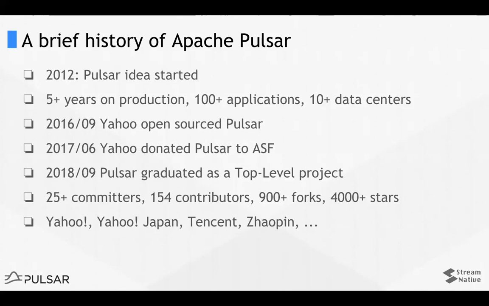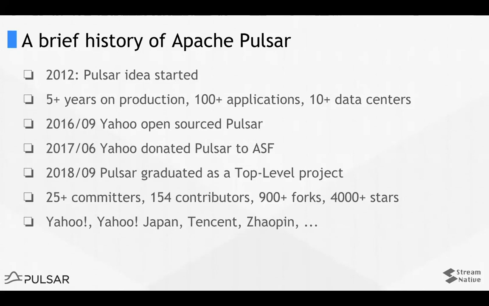About 9 months later, Yahoo donated the project to the Apache Software Foundation, and it got into the incubator stage. We ran the project in the Apache Foundation for about a year. And in September last year, Pulsar graduated as a top level project.